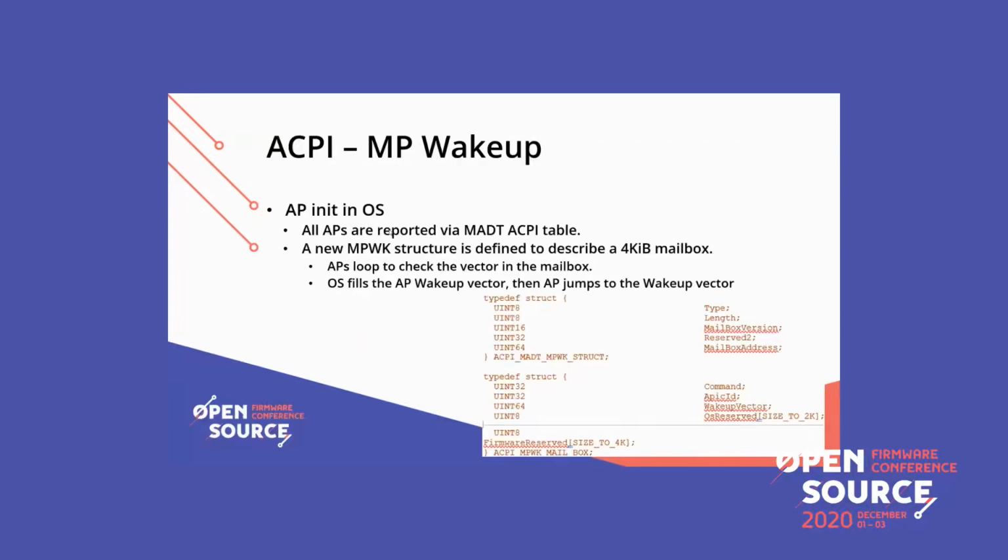At the same time, all APs loop to check the wake-up vector. After the OS fills the AP wake-up vector, the APIC ID is then updated with the wake-up command in the mailbox. Then each AP checks the command APIC ID and jumps to the wake-up vector if the APIC ID matches.